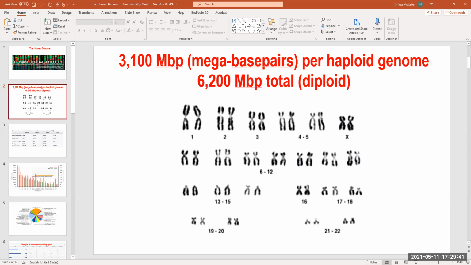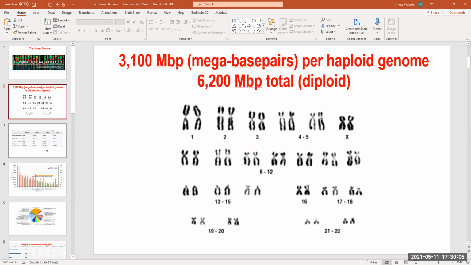A kilo base pair would be 3 zeros; a mega base pair is 6 zeros after 3,100. So that's 3,100 mega base pairs for the haploid genome, that is 23 chromosomes, and 6,200 mega base pairs for the diploid genome.